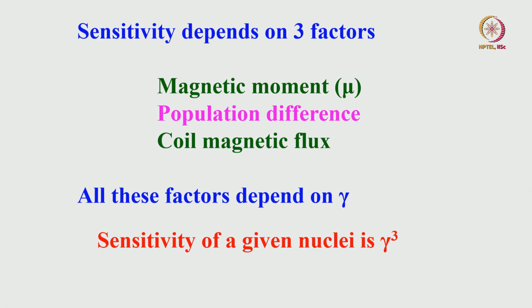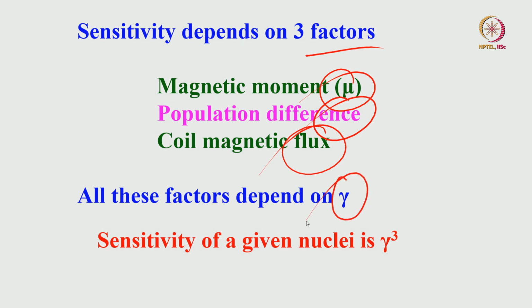Sensitivity depends upon three more factors: magnetic moment, population difference, and coil magnetic flux. These are the three parameters. Interestingly, all these three factors depend upon gamma. That means the sensitivity depends upon gamma into gamma into gamma because of these three parameters.